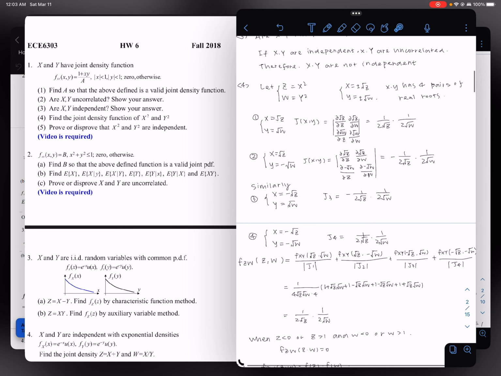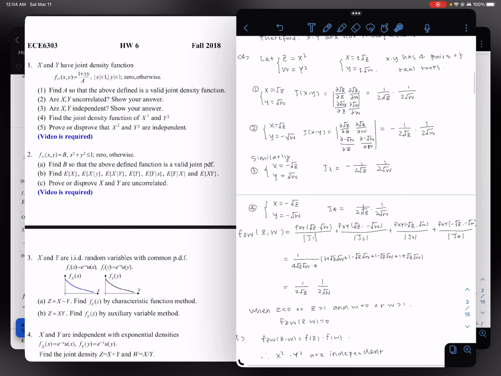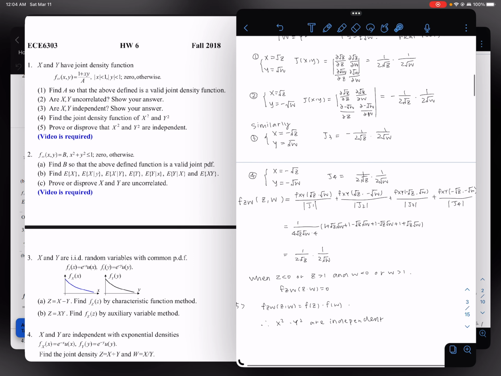And then the joint density function of z and w is defined as the root being plugged into the density function of x and y over the Jacobian determinant absolute value. And so we get a final result of this.